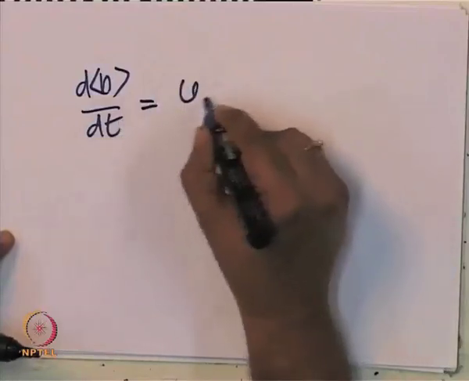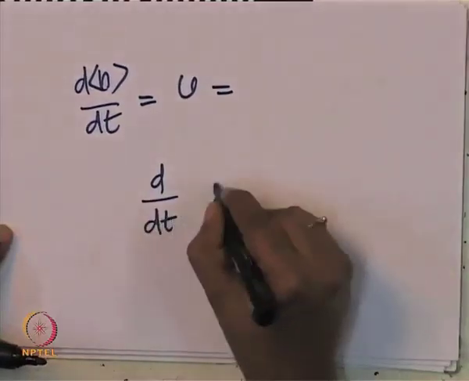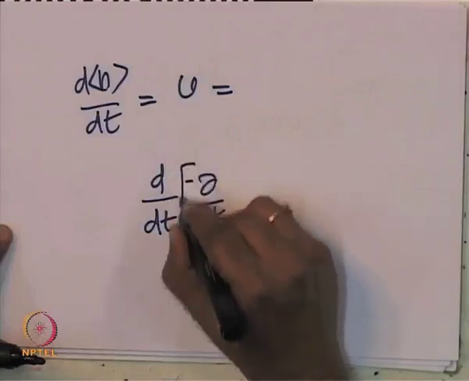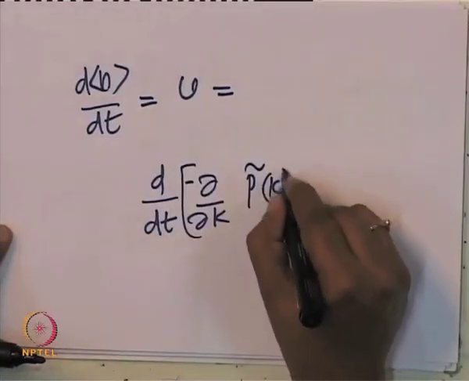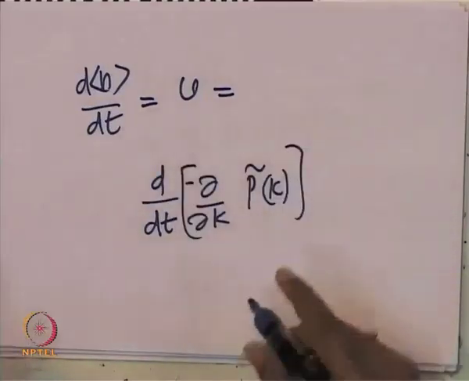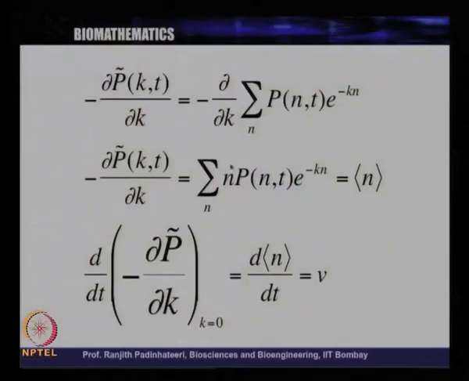So, we can call this the velocity of growth, and this can be shown as del by del k of minus del by del k of p tilde of k comma t. In this way we can define the velocity. As we just discussed, we can write d by dt of del p tilde by del k at k equals 0 as dn by dt, and this will give you velocity.